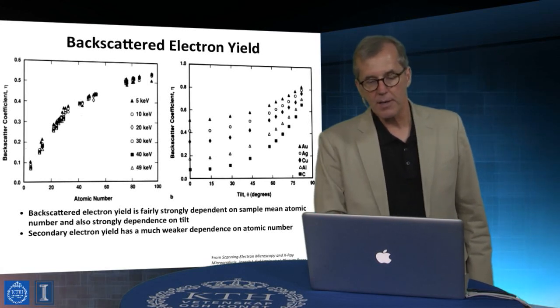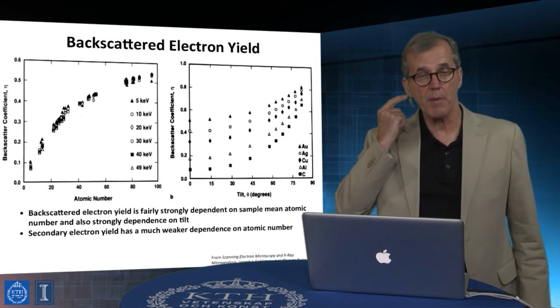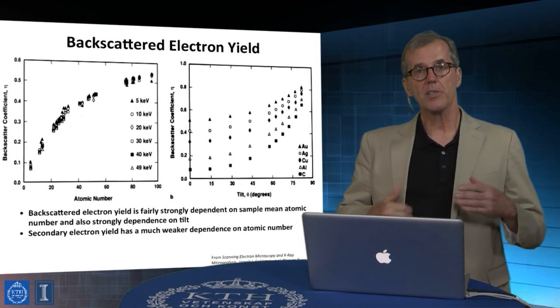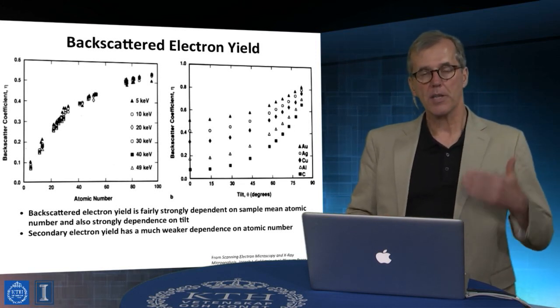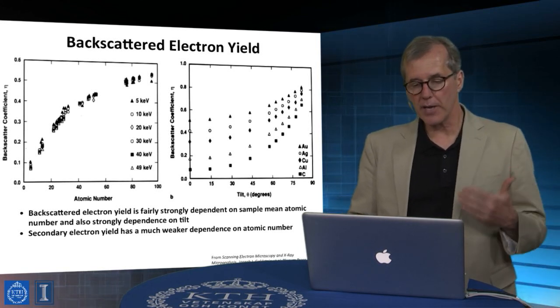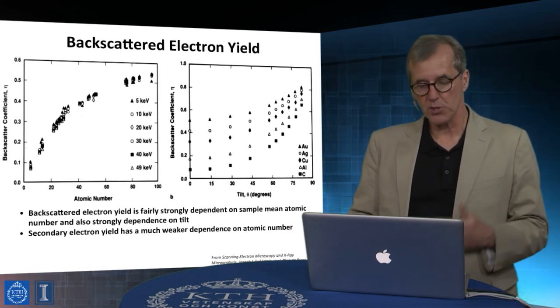I will mention a really important feature that comes into play when we start thinking about backscattered electrons and constructing images from them. Embedded within it is a materials constant that reflects the yields of the electrons that come from different elemental sources.